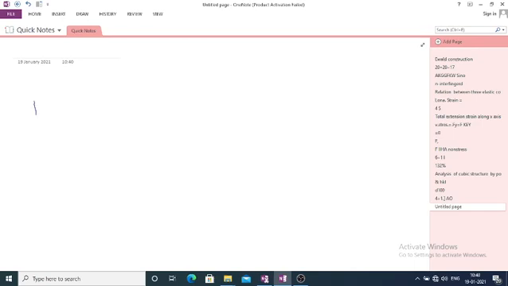Suppose this is the order column, and theta 1 is equal to 19.2, theta 2 is equal to 27.72, and last theta 3.